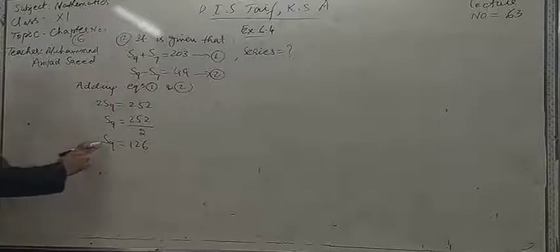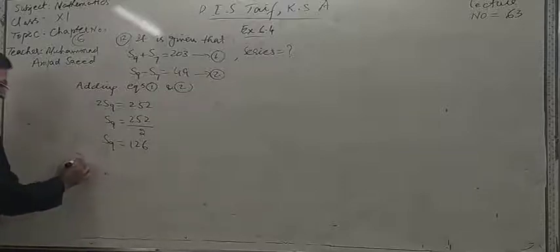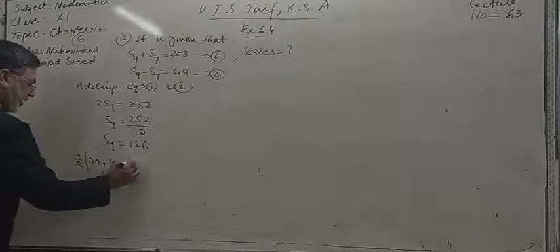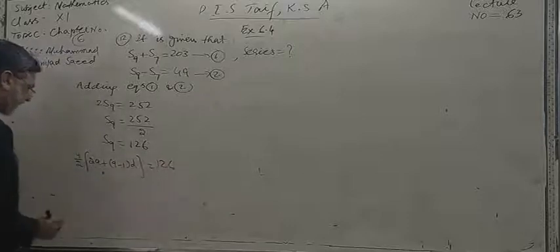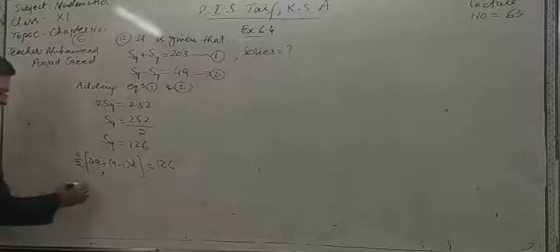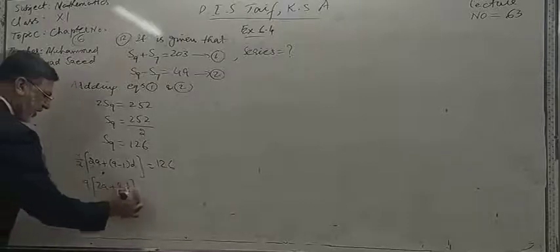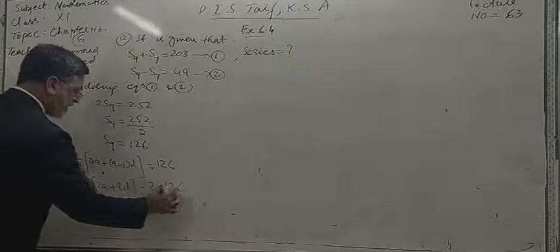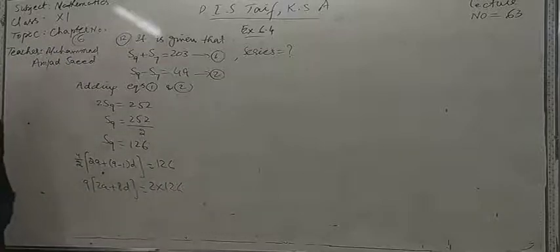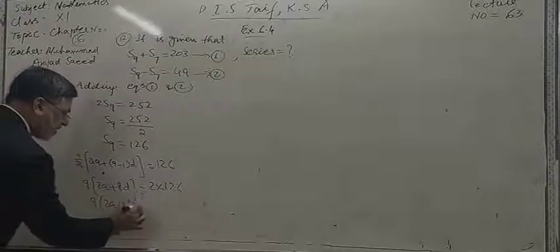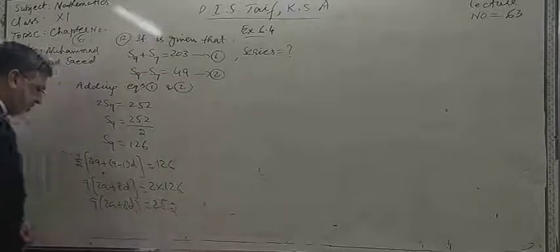And you know that S9 is 9 over 2 into 2a plus 9 minus 1 into d, that is 126. Here is 9 into 2a plus 8d is equal to 2 into 126, that will be 9 into 2a plus 8d is equal to 252.